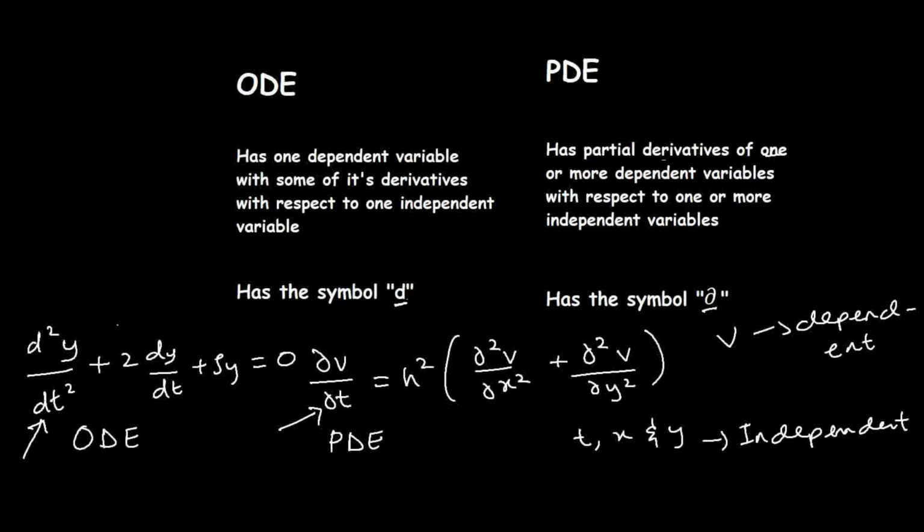Then you have one independent variable, which is t, and one dependent variable, which is y. So this is how to identify partial and ordinary derivatives, and to tell whether a differential equation is an ordinary differential equation or a partial differential equation.